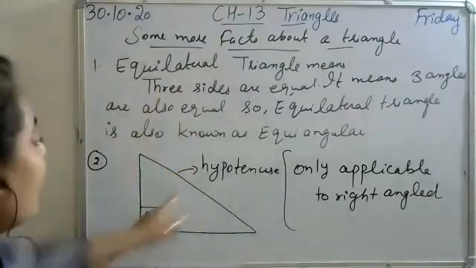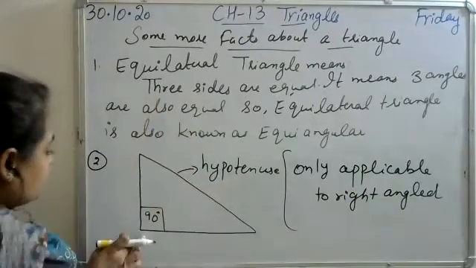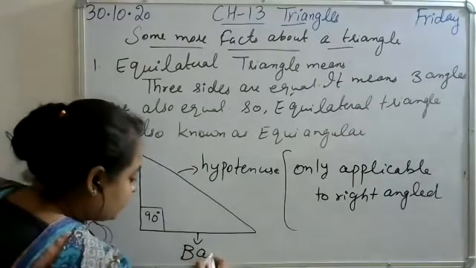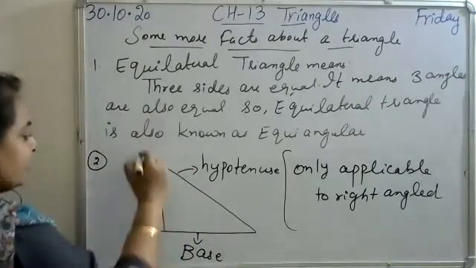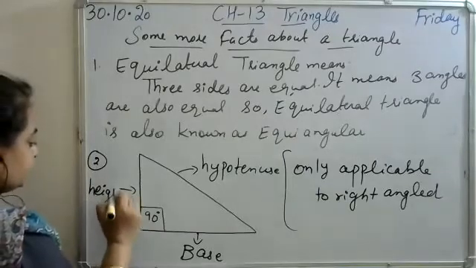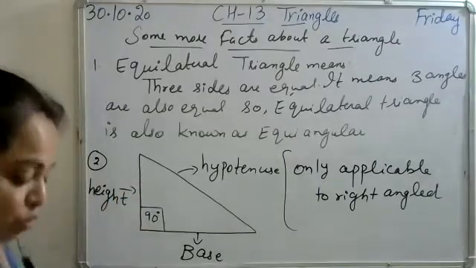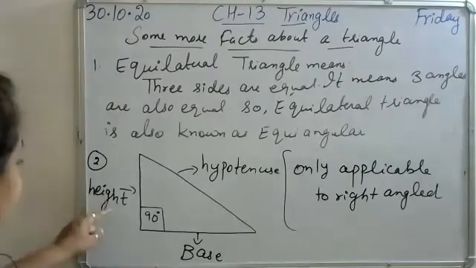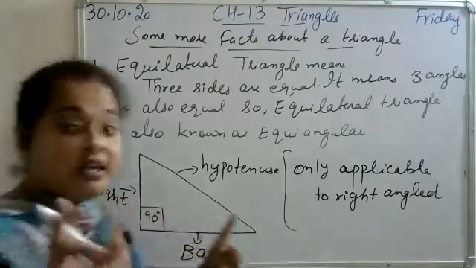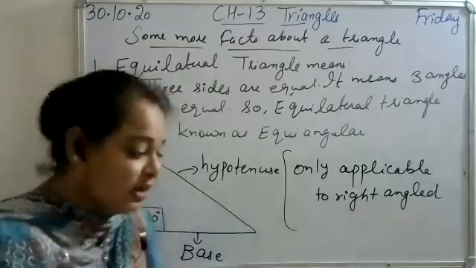So the name is hypotenuse, and this lower part is known as base, and this standing line is known as height. So you will use these words hypotenuse, base, height only in case of right angled triangle. Note down.